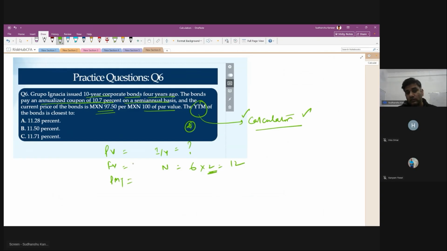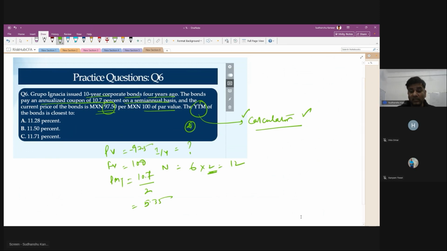So 10.7 was your interest, and 10.7 will become semi-annual, which will become 5.35. PMT is 5.35. FV is so easy to find out. I told you it is always 100. Because it is given as 97.50, this is minus 97.5. Just input this in your calculator, and you will get I by Y.